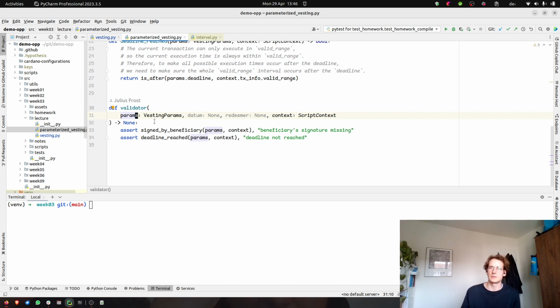The benefit of the previous approach is that if you have the same contract and you just parameterize by the datum, then you can just look at this contract address on a chain explorer, and all the outputs at this address adhere to some format, and you will then be able to spend them according to specified rules.